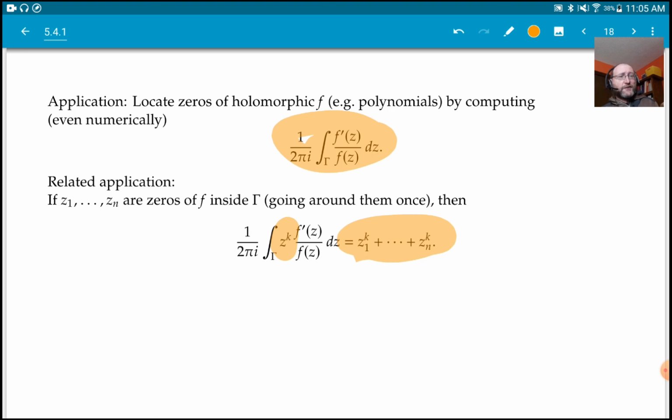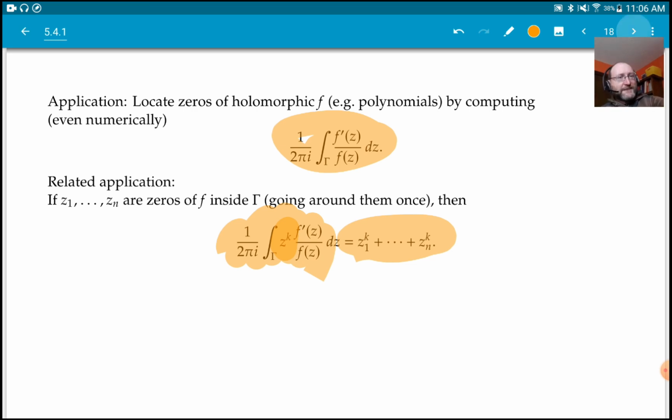I just compute this integral with k equals 1 and 2, and I will know z1 plus z2 and z1 squared plus z2 squared. I will know both of them by solving the quadratic equation, even though the original polynomial had too large a degree. So once I've split off a little piece, this can be used.